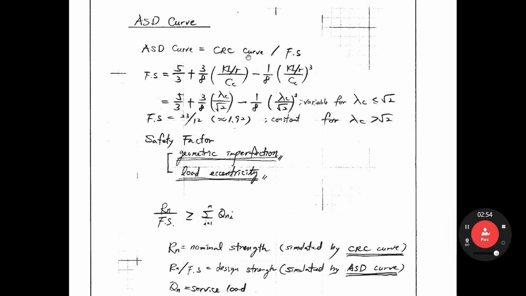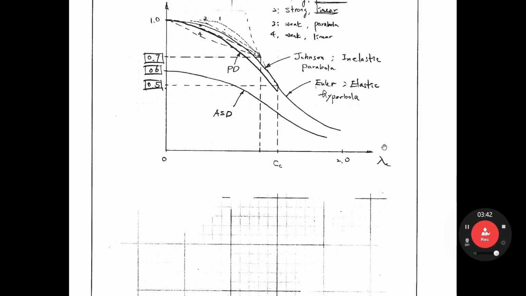The CRC column curve, we can express in terms of the slenderness ratio or lambda c, the slenderness parameter. And then if lambda c is greater than square root 2, that means the elastic region. In this elastic region, this gap is the safety factor.